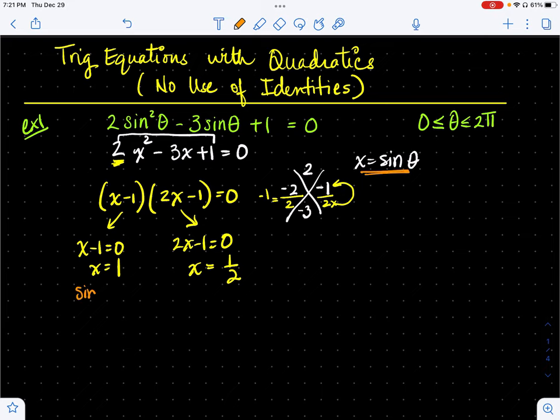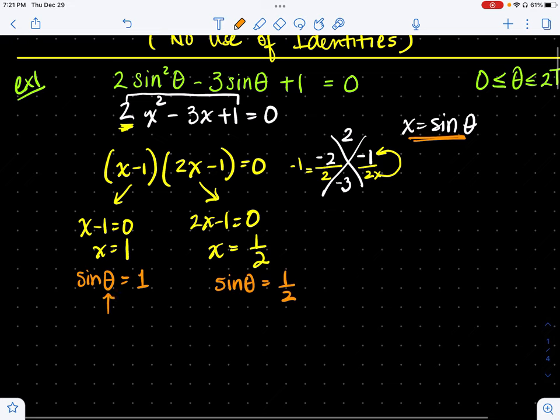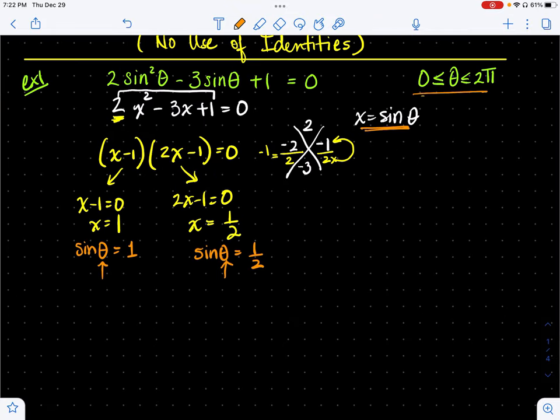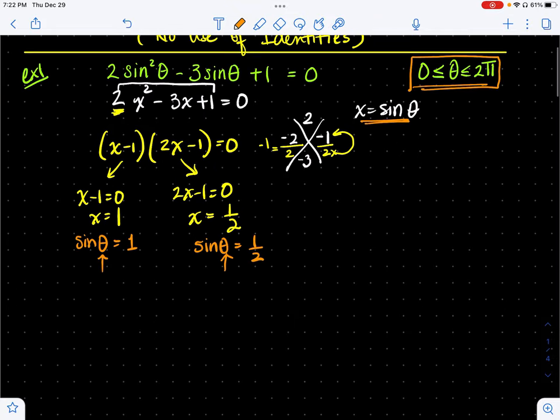The original value of x was sine theta. And sine theta equals 1 and sine theta equals half. So now we're trying to find the theta values where sine equals 1 and sine equals half. Now sine equals 1 is one of the quadrantals. Also notice this question has restrictions on theta, which is a good thing.